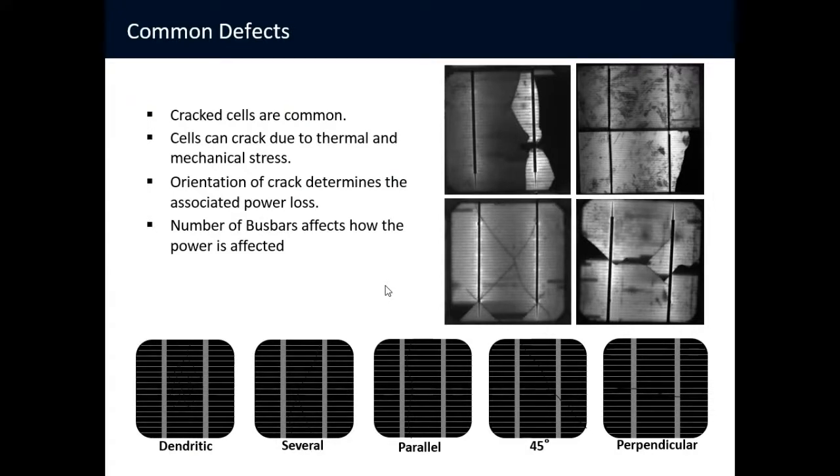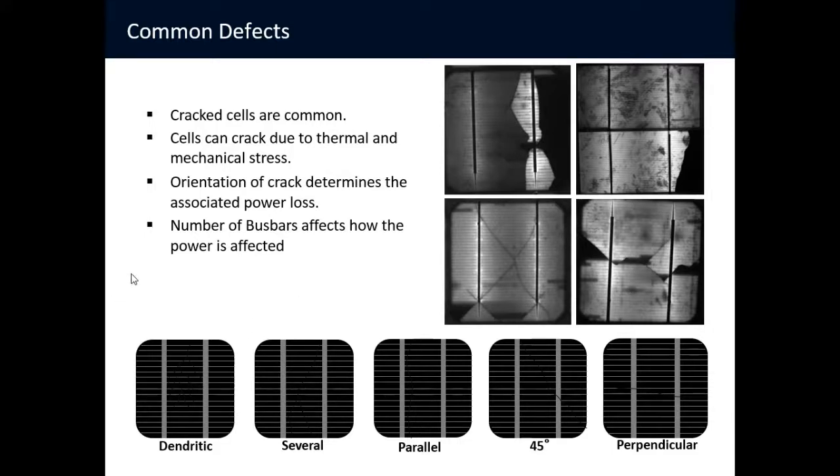They can occur during transportation, installation, and really any point during the module's life. But the effects they have on the performance of the module are related a lot to the orientation of the crack and the area that is affected. Once you have an area of disconnection, you will have an associated power loss.